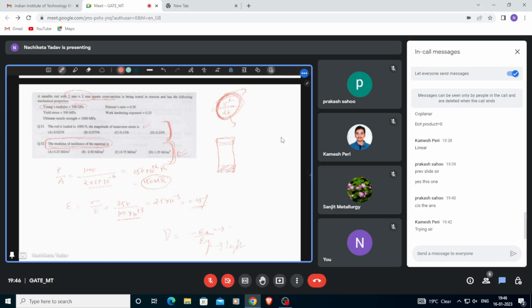This is diametrical. No, I think it is transverse strain. It will be this one, because if we are loading, this is tension, so there will be a strain in this direction. Are you getting it?